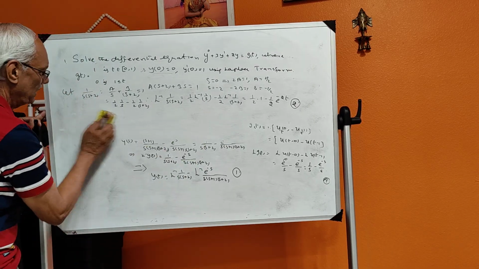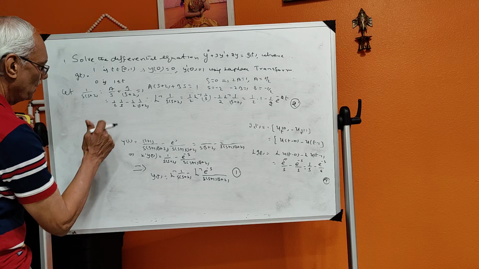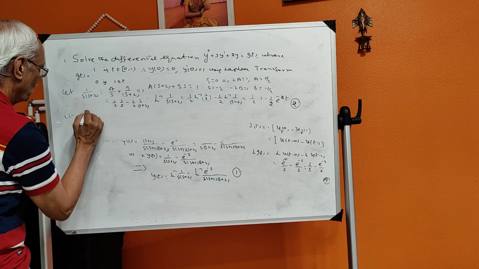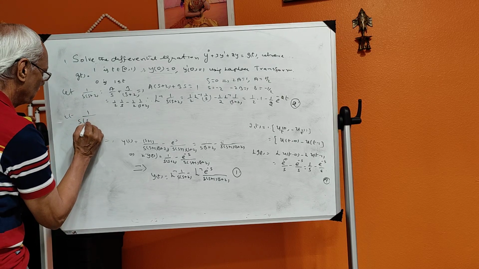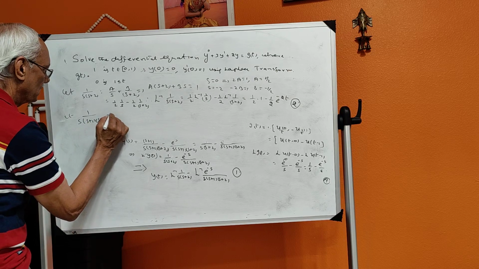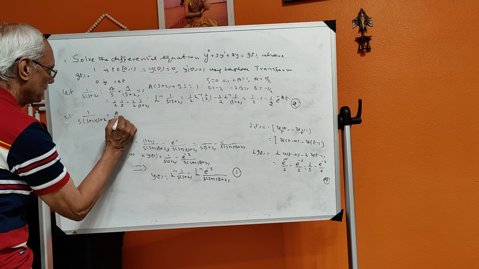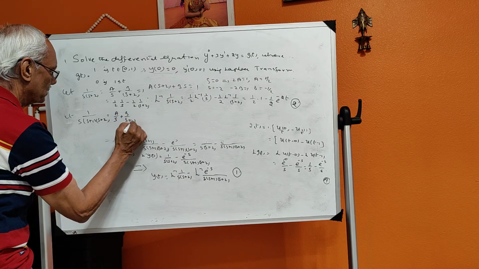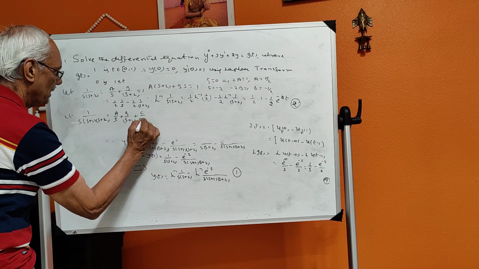Now let me do this. See, I'll take this. Let 1 by s into s plus 1 into s plus 2 is equal to a by s plus b by s plus 1 plus c by s plus 2.